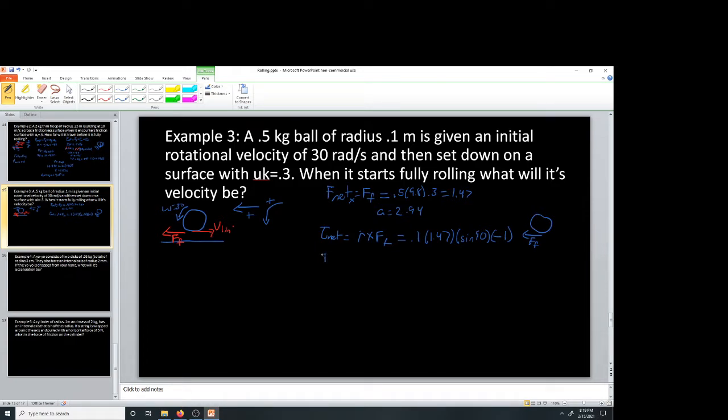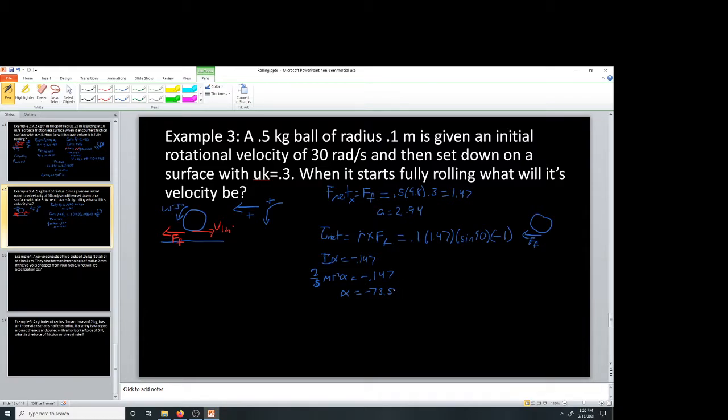So then I have I alpha equals negative 0.147, and this is a ball, so I is 2/5 mr squared. So 2/5 mr squared alpha equals negative 0.147. If you plug everything in, you get alpha is going to be negative 73.5.